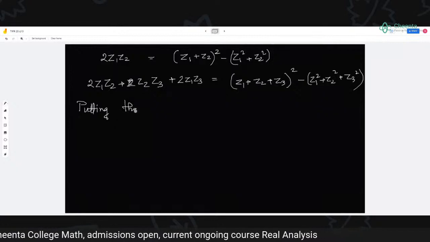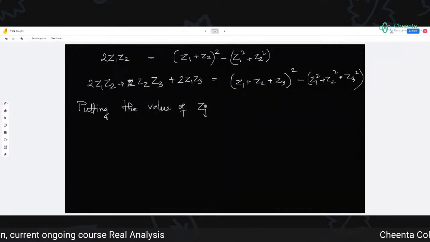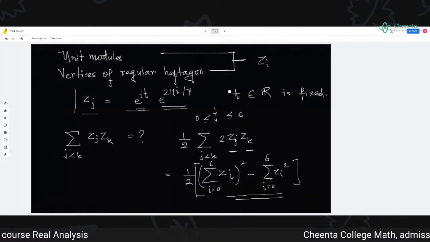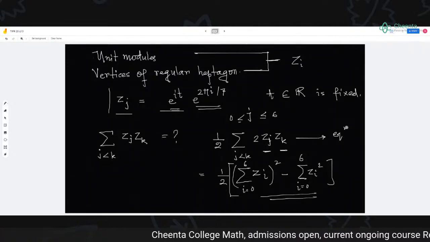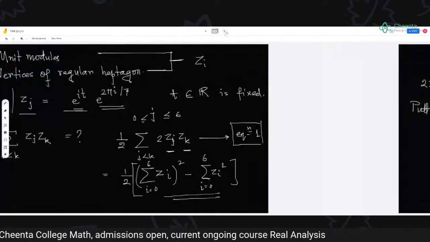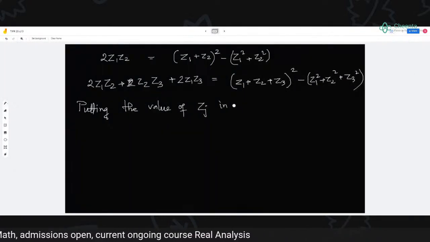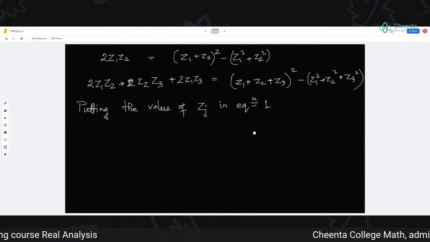So, putting the value of zj in, let's call this equation 1. Okay, so putting the values of zj in equation 1, what do I get?